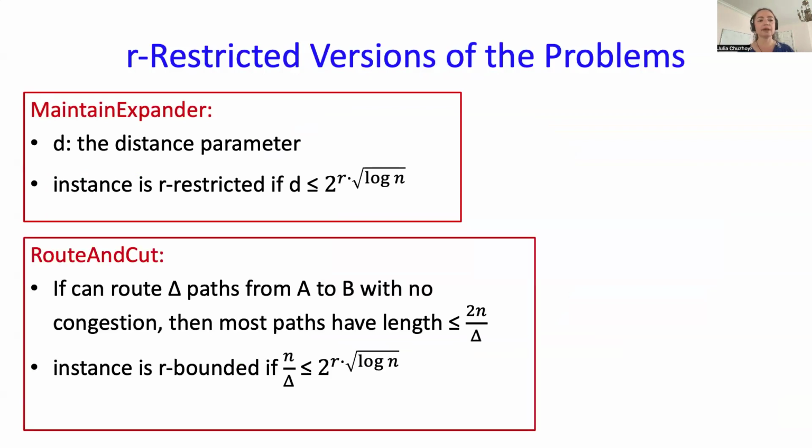If you look at the route and cut problem, if we can manage to route delta disjoint paths from A to B, then it's easy to see that most of the paths are not too long. Their length is at most roughly n/delta. So we'll think of this n/delta as our distance parameter, and we'll say that this instance is R-restricted if this n/delta is at most 2 to the power of R² log n.